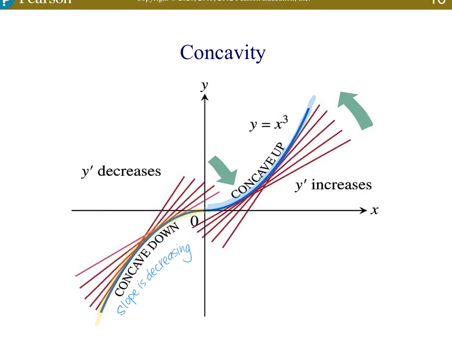And then in a concave up section, the slope is definitely increasing and the graph is getting steeper. So when something is concave down, the slope is decreasing. When something is concave up, the slope is increasing.